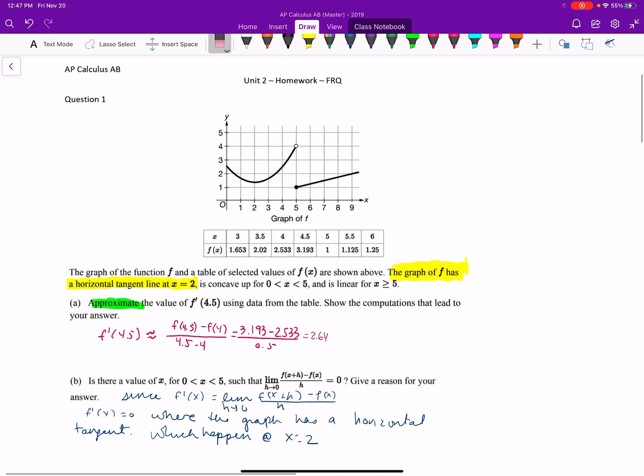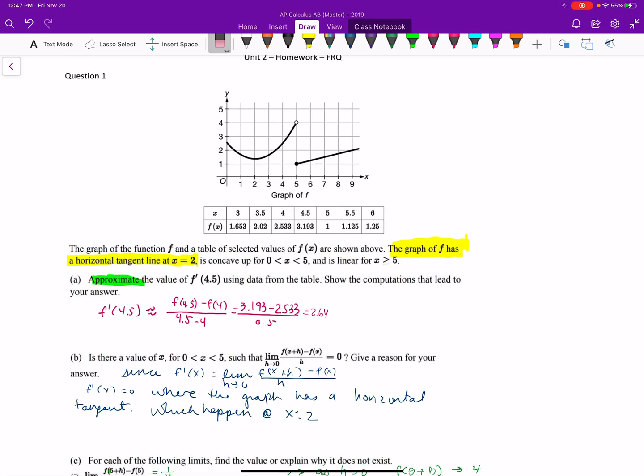In part B, is there a value of x on the interval from 0 to 5 such that this limit is equal to 0? Well, that limit is one of the definitions of the derivative at that point.